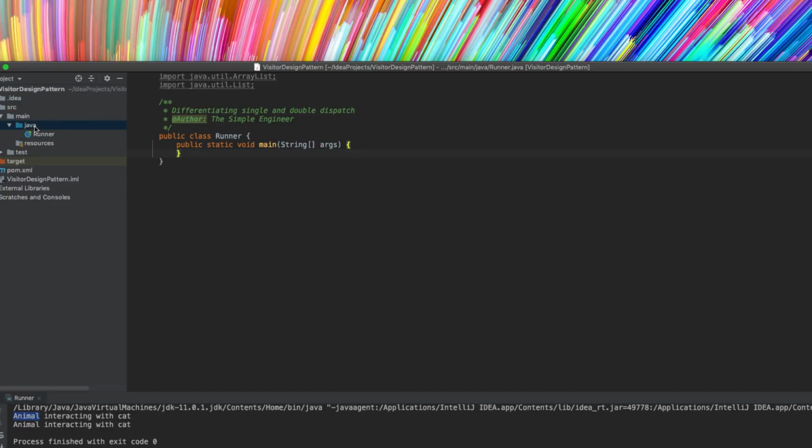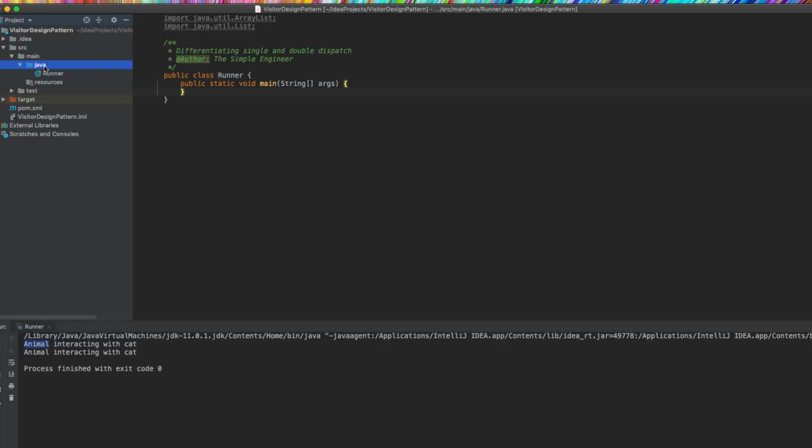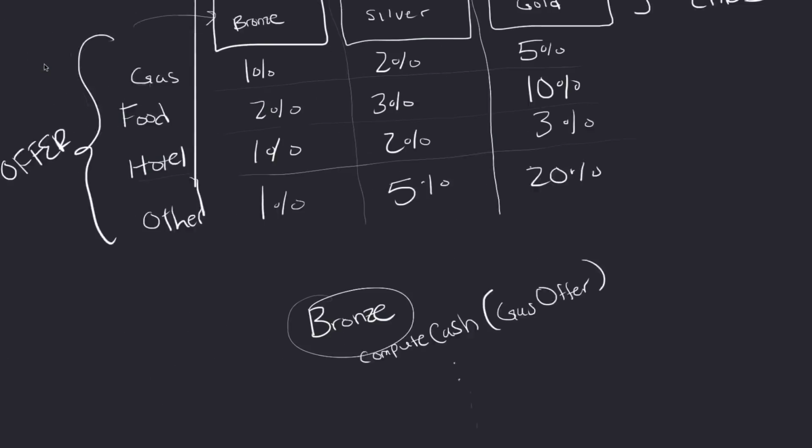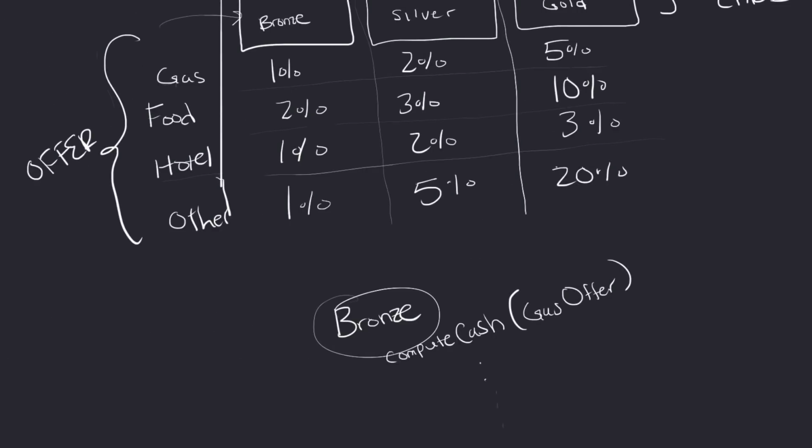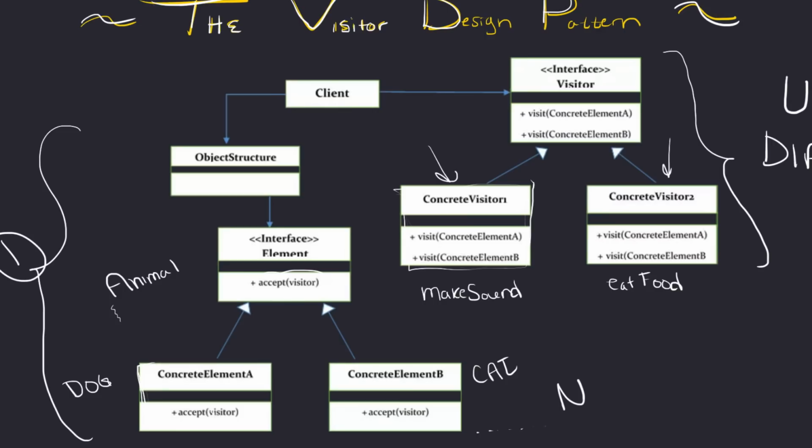So like I said before, we are going to start with designing our visitor design pattern. We already looked at this UML data structure before, so we can just pull that up again. This is essentially the visitors or the dynamic operations that we want to add. And we've already discussed that we don't want to tightly couple the offers to the actual credit card types, right? That would be a bad thing.